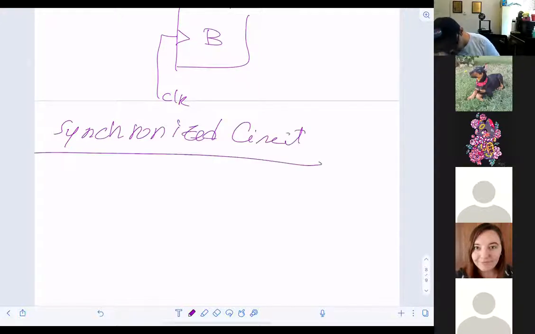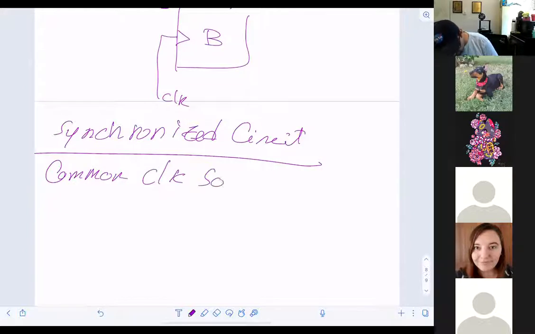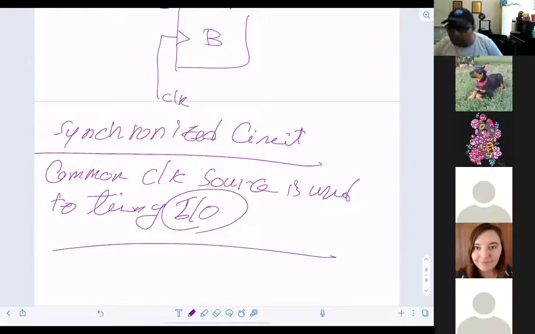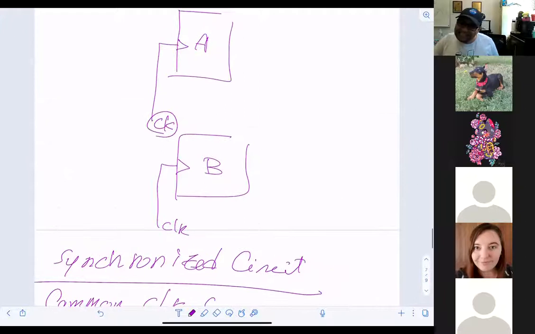Synchronized circuit. Why? A common clock source is used to time input and output. Sounds good? This is a T flip-flop.